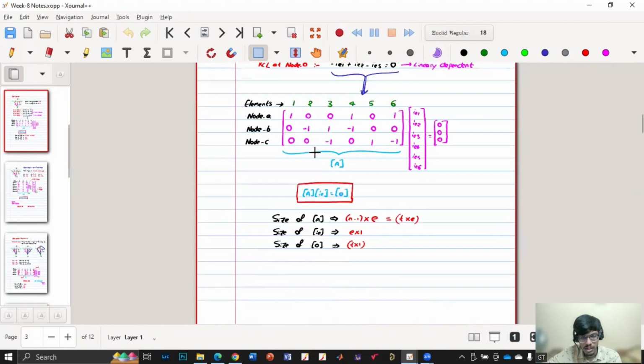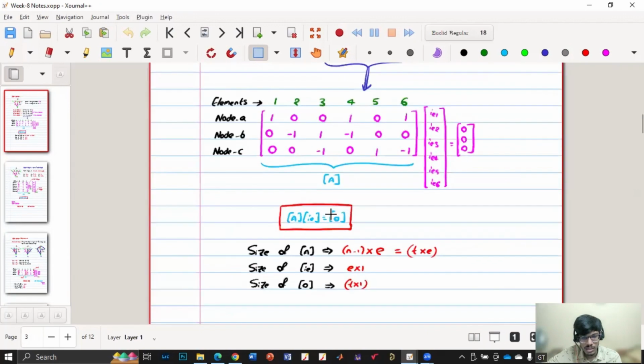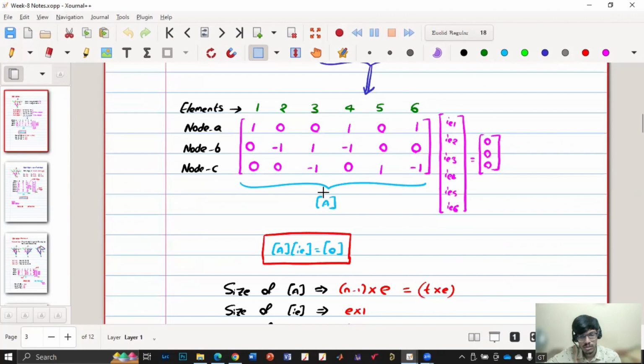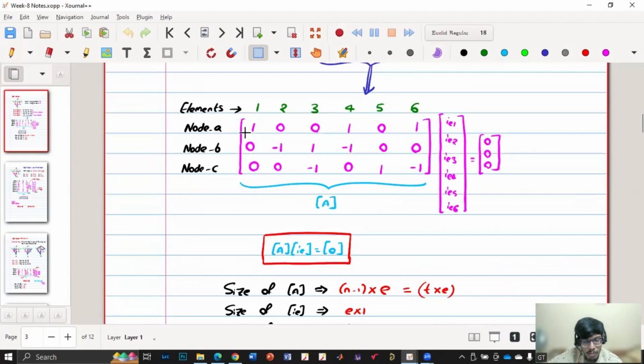One is the twigs and the other is the links. Because if you see, the number of rows is equal to twigs, right? So that is fine. And if you see the number of columns, they are equal to E.